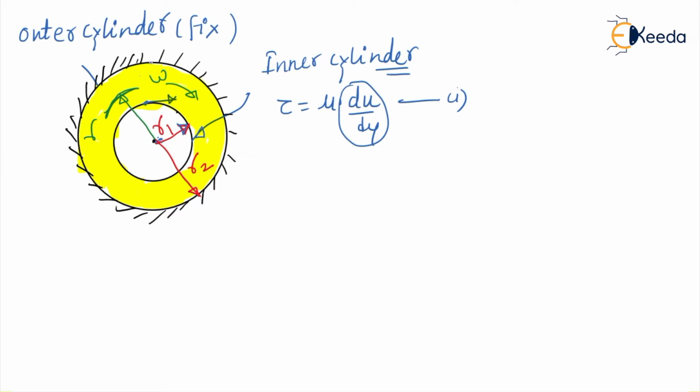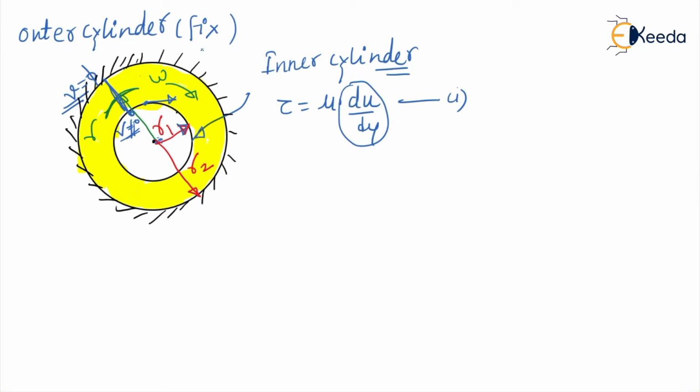The outer surface velocity will be 0. So the velocity gradient does exist from here to here. Velocity will increase from the outer surface to the inner surface because the inner cylinder is rotating. Then only this fluid will rotate.